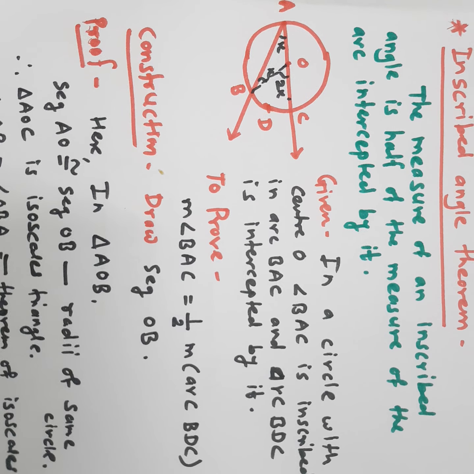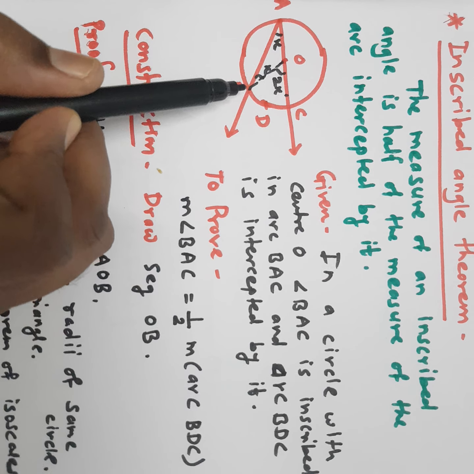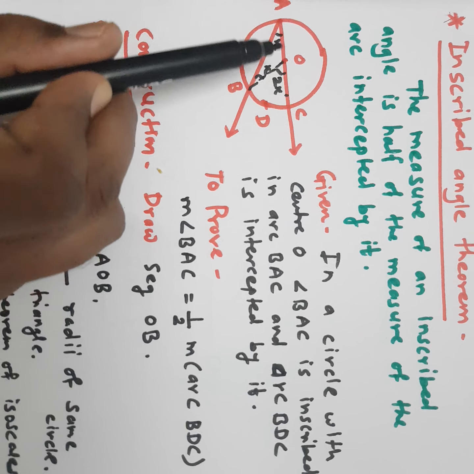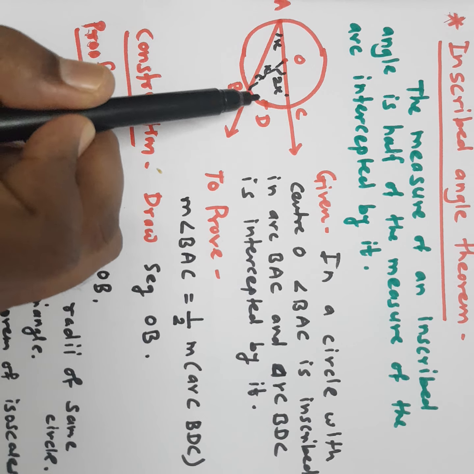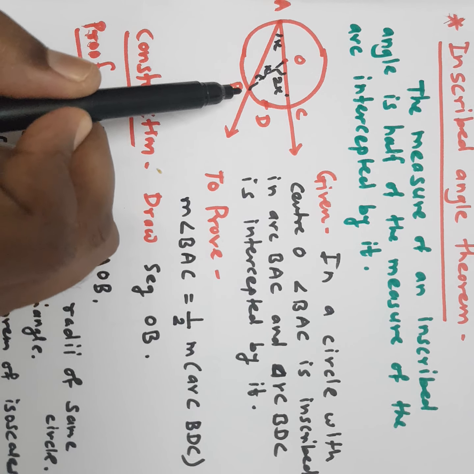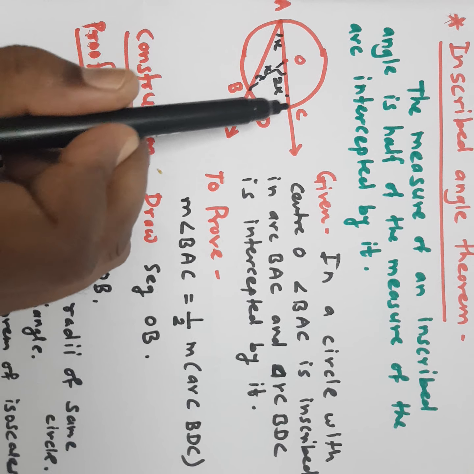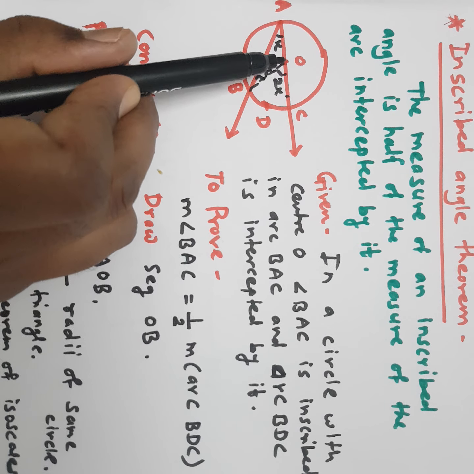In other words, we can also write this theorem as the angle subtended by an arc on the circle. Angle A is the angle subtended by arc BDC on the circle, and it is half of the angle subtended by the same arc at the center. Angle O is the angle subtended by arc BDC at the center.